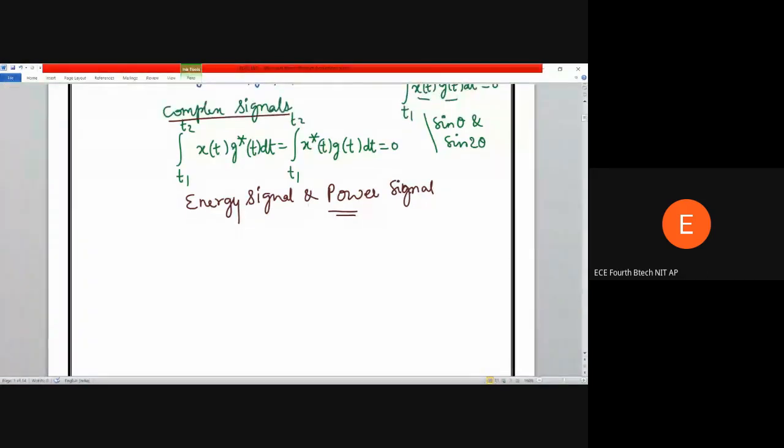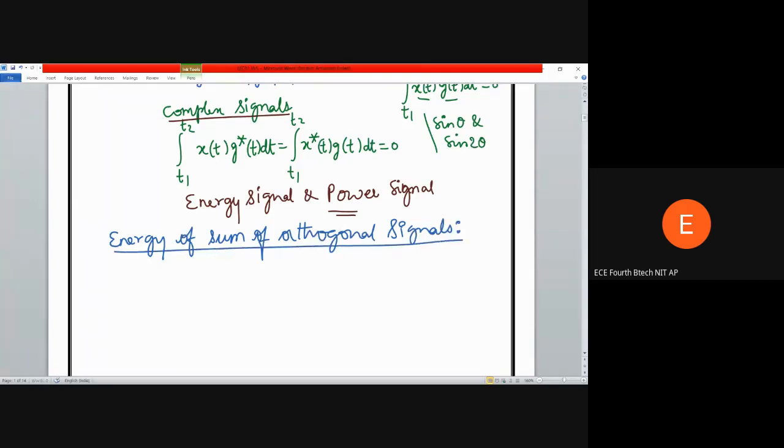Okay, so let me start the topic of energy of sum of orthogonal signals. I will start again with vectors. Let me take two vectors, x bar and y bar, which are orthogonal to each other, and let this be z bar.